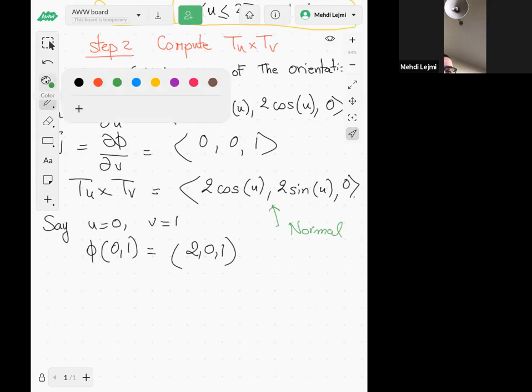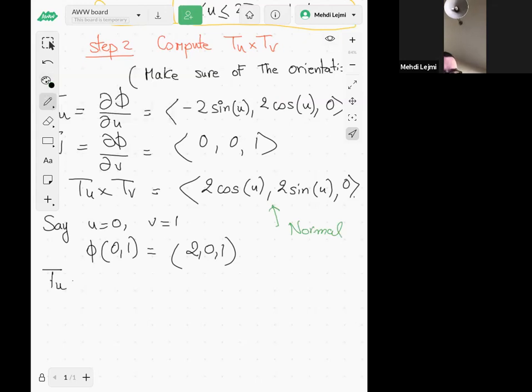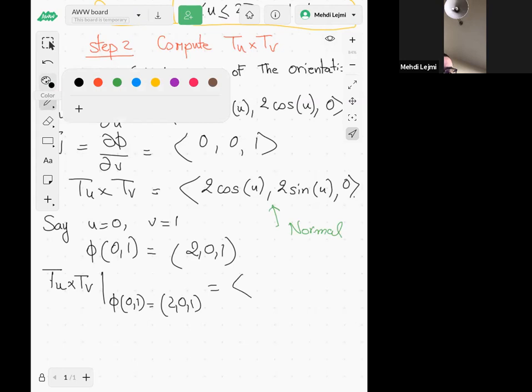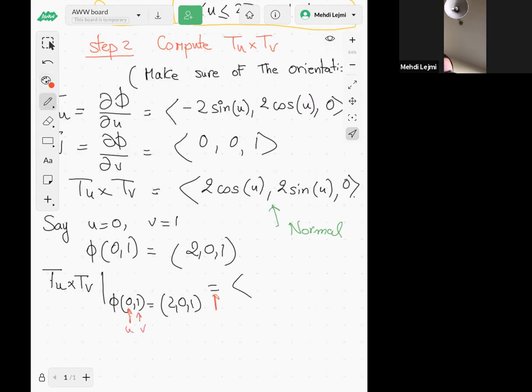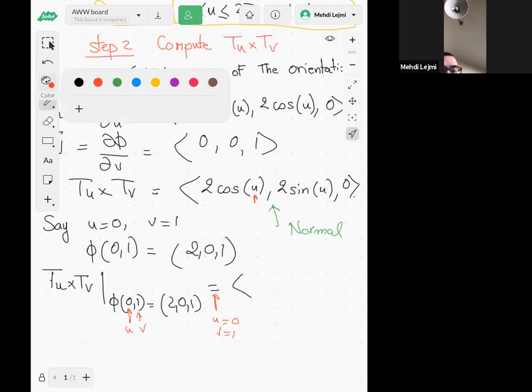Now, what's the normal vector at the point 2, 0, 1? So T_u cross T_v at the point 2, 0, 1. At the point 2, 0, 1, u is 0 and v is 1. There's no v in T_u cross T_v, that's good.